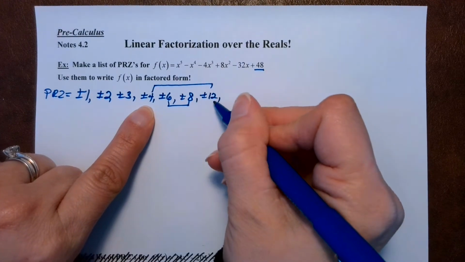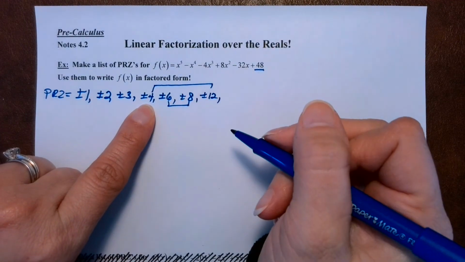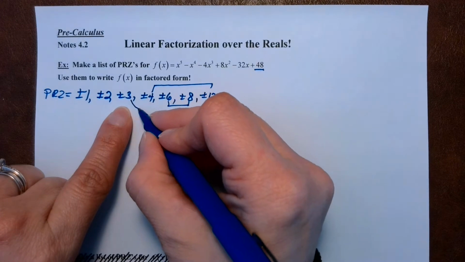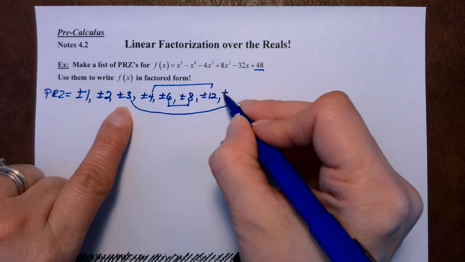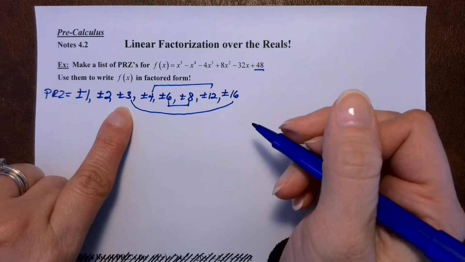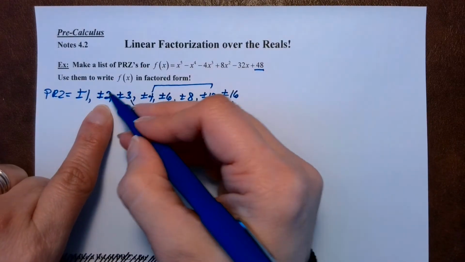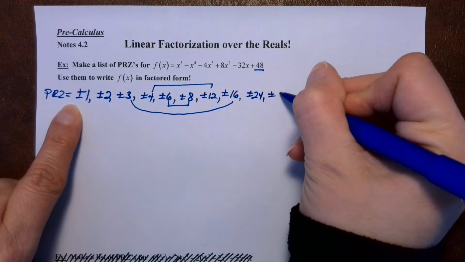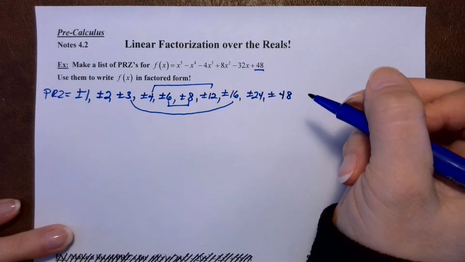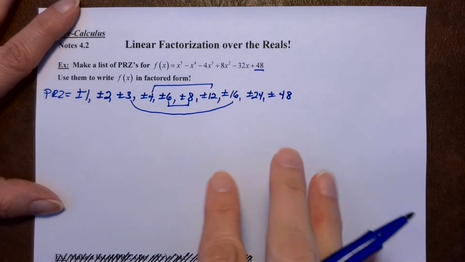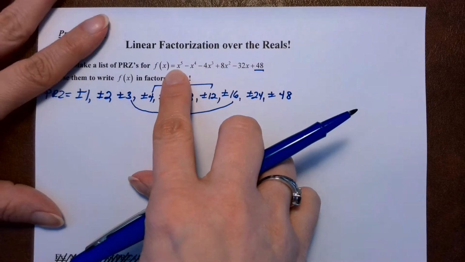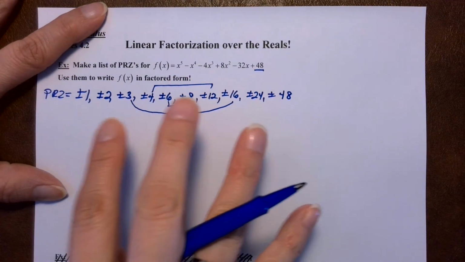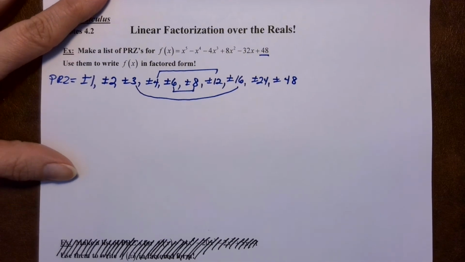So 9, 10, and 11 do not work because they don't have a match. 3 times 16 is 48. 2 times 24 and 1 times 48. Okay. Now I got lucky in that there's no leading coefficient here. I could put all these over plus minus 1, but I think that is our PRZ list.